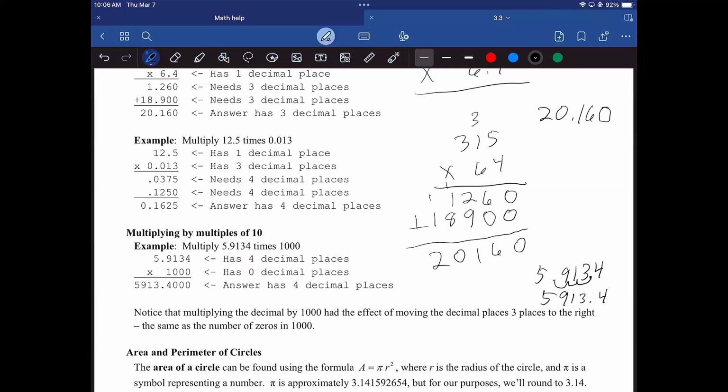That's a nice little shortcut you can use. Only with powers of 10 can you do that, because that's the base 10 number system that we're using.